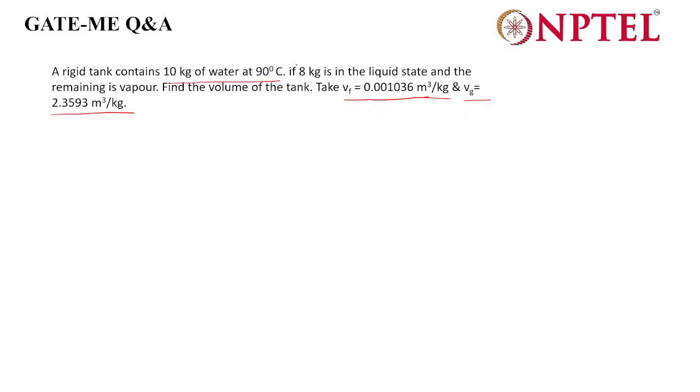We have a total mass of 10 kg, and the mass of the liquid is 8 kg. From here we get the mass of the vapor, that is 2 kg. Correct? Yes, sir. So how much is the final answer?